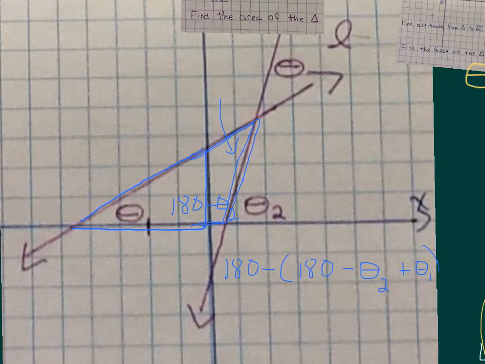And if we simplify, we're going to get 180 minus 180, and a negative times a negative theta 2 gives us a positive theta 2 minus theta 1, which is this angle, which is also equal to theta. So we can say that the angle between two lines is equal to theta 2 minus theta 1.